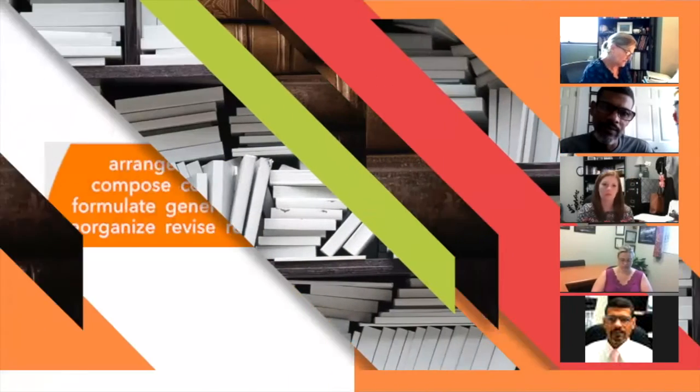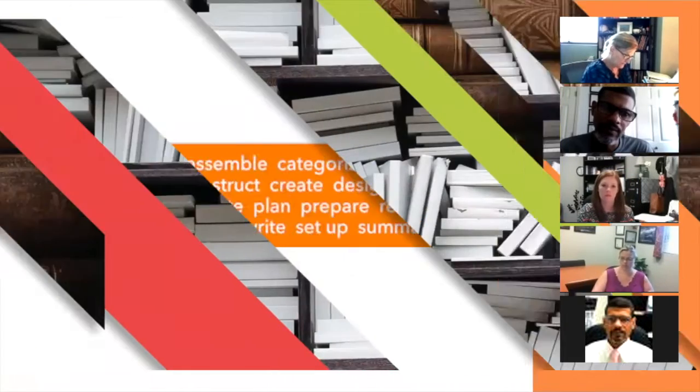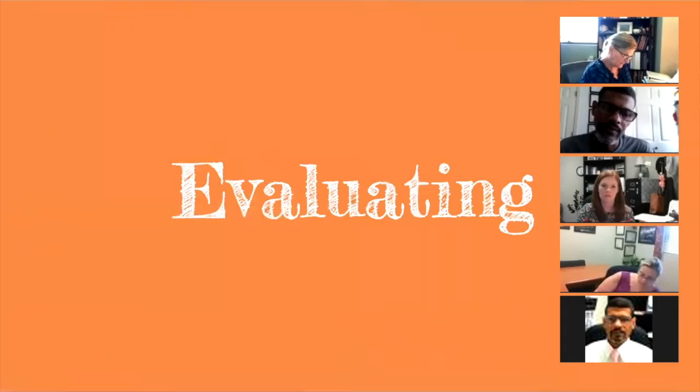So evaluating, oops, I should go back real quick, is where students will actually present and defend an opinion. This is what I was telling you about, Jen, where they're actually going to think of that out-of-the-box suggestion and apply it and use all of that prior knowledge in order to give a good suggestion.